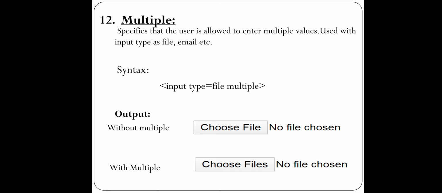Below, with the multiple attribute, input type equal to file multiple, it gives "Choose files". Here you get the hint that previously it was simply "Choose file", meaning it allows only a single file to be selected, and below it gives "Choose files", meaning it allows you to select multiple files.